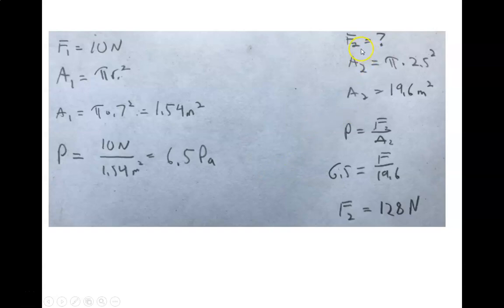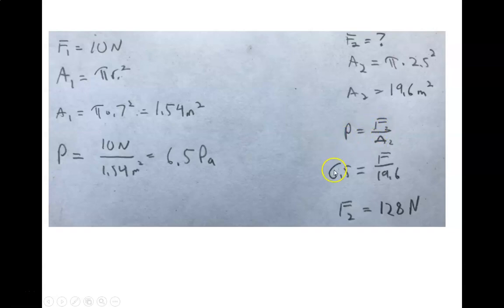So force 2 is what we're trying to find. We know that area 2 is equal to pi r squared again. This piston had a radius of 2.5 meters, so it has a much larger area of 19.6 meters squared. Then we're going to use the pressure equation to figure out the force at piston 2.